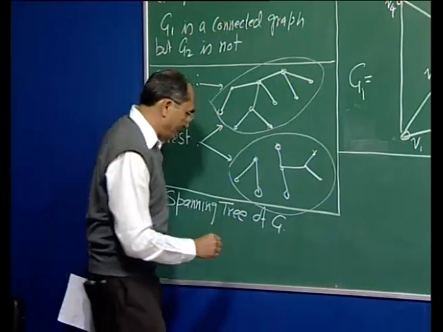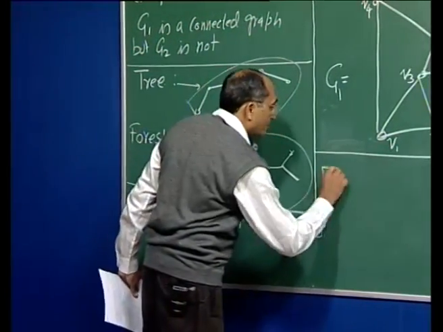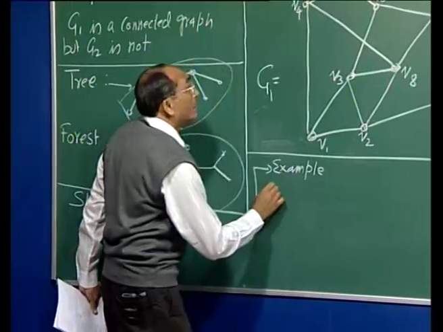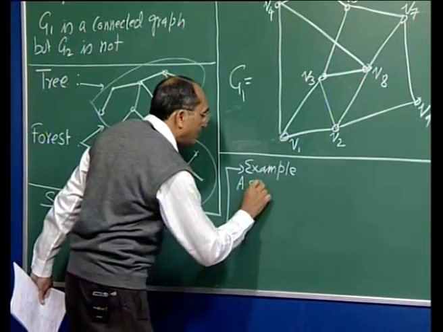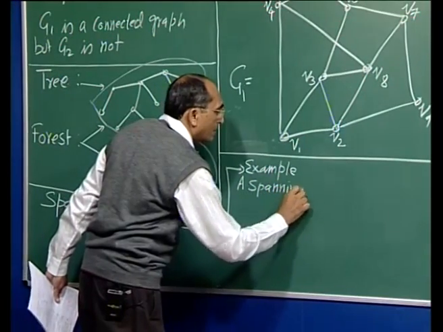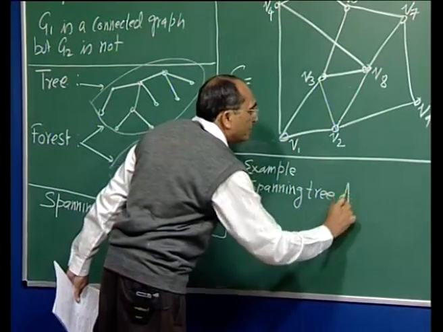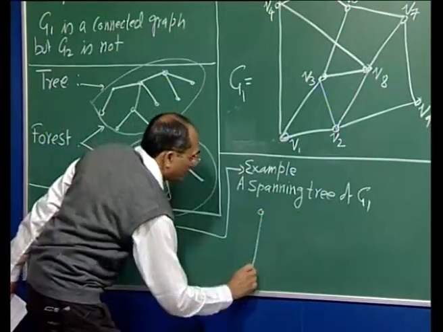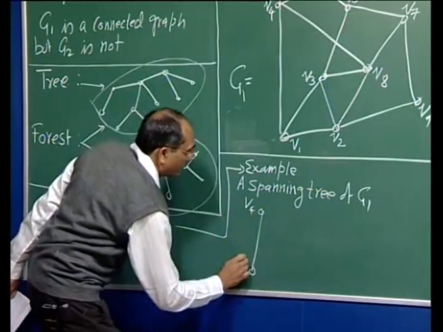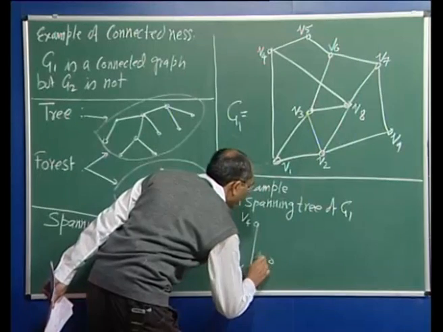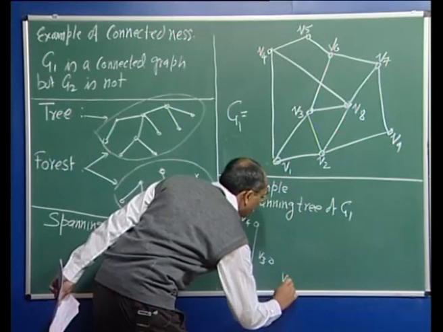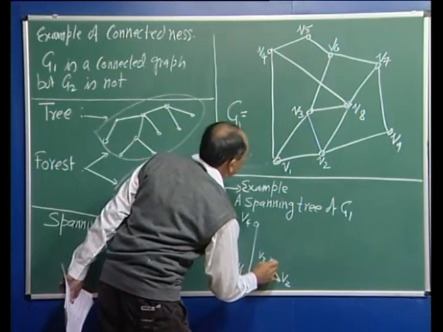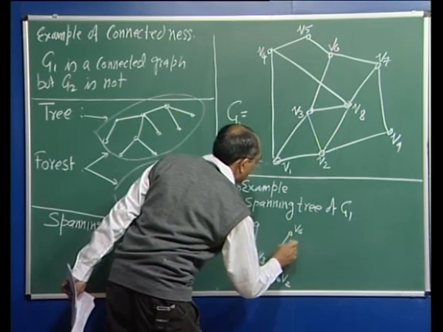So, an example here, a spanning tree of G1 could be V4, V1, V3, V2, V6.